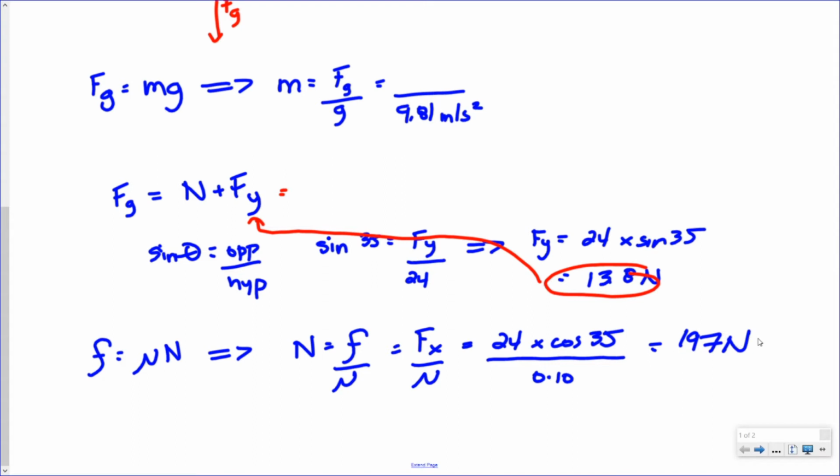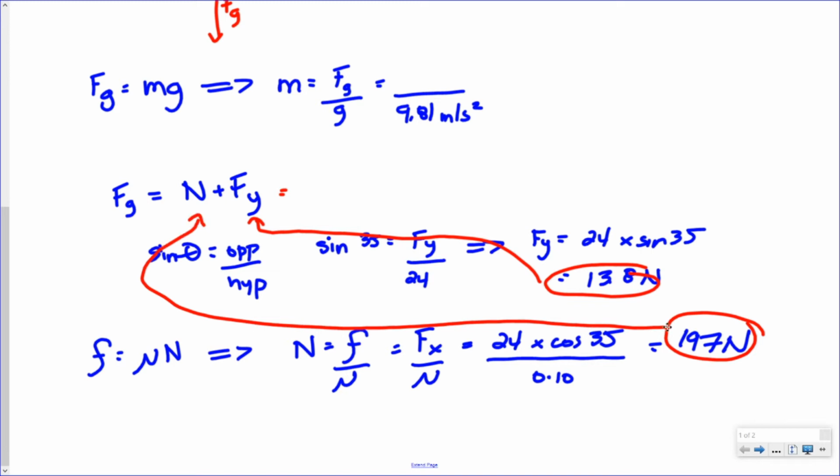So that's good. We needed that because that is going to get substituted into here. So force of gravity, which we need to go back to get our mass, is the normal force plus the Fy. So we just got those 197 plus 13.8 gives us 210 newtons.